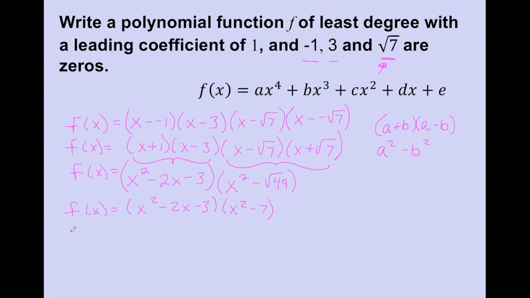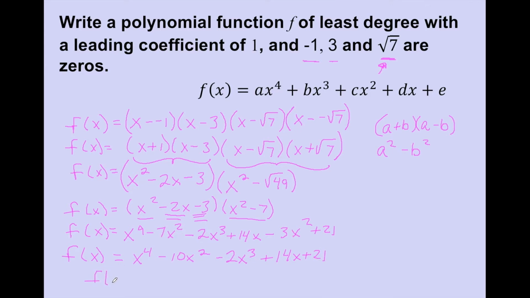Okay, now we have to multiply out. Combine like terms. This is x to the 4th minus 10x squared minus 2x cubed plus 14x plus 21, and then we're just going to put them in descending order.